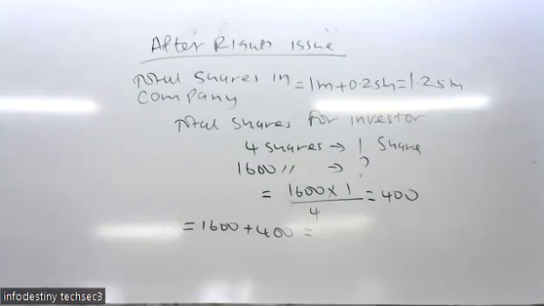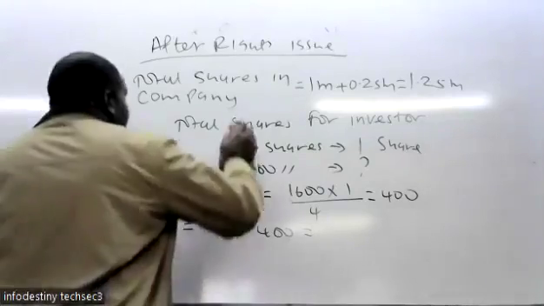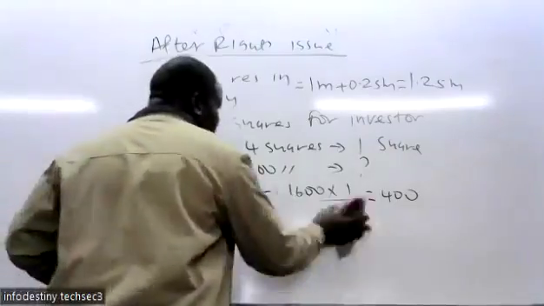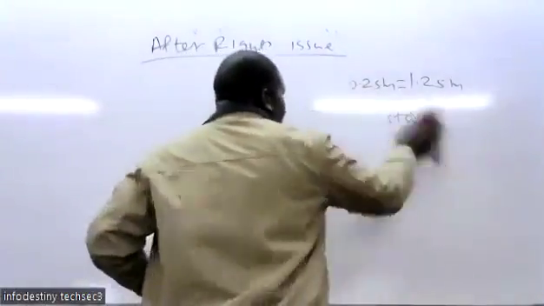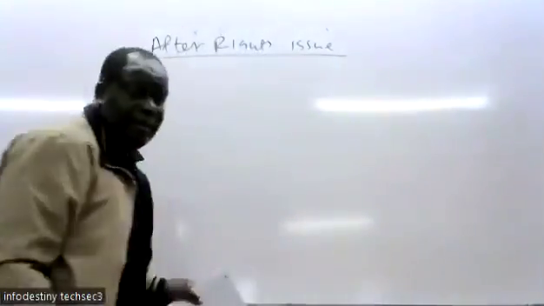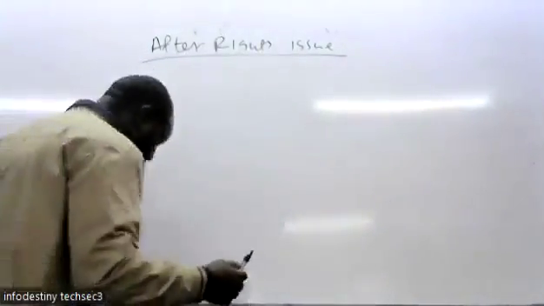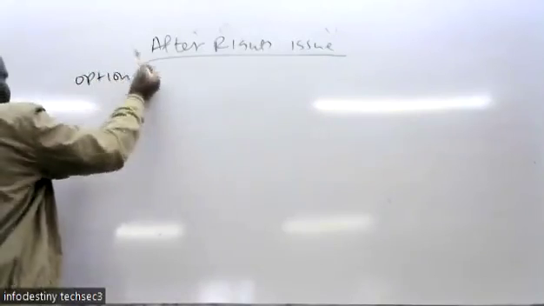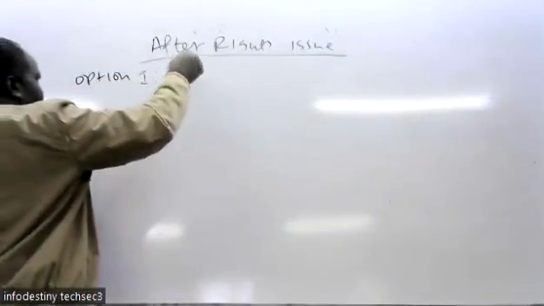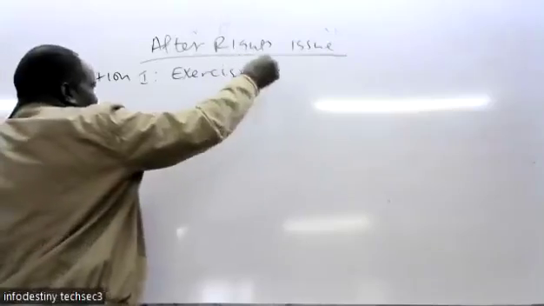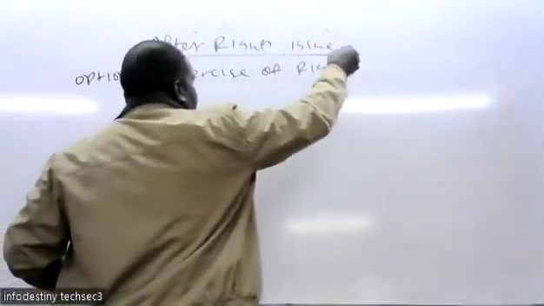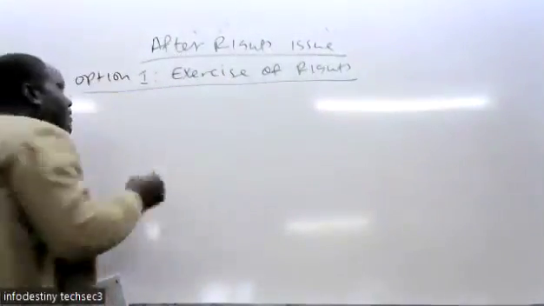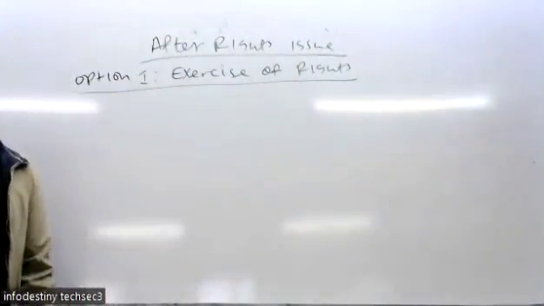So now we want to check both items after the rights issue under each option. Option 1 will now be exercise of the rights.